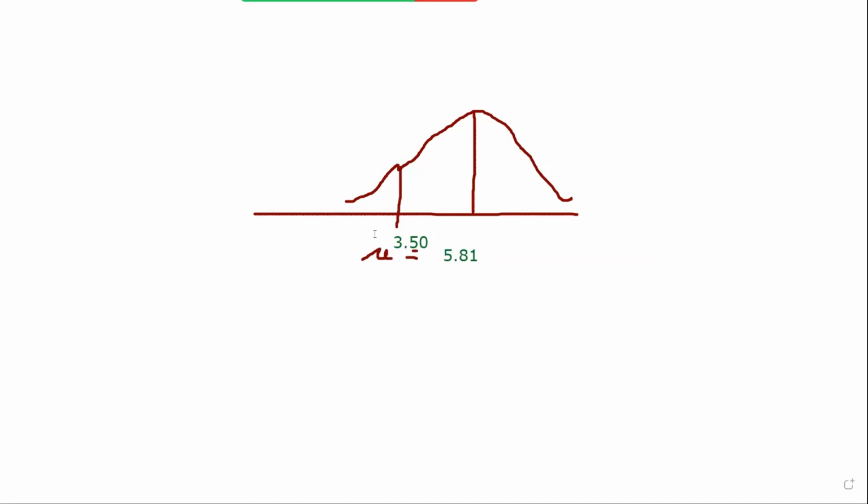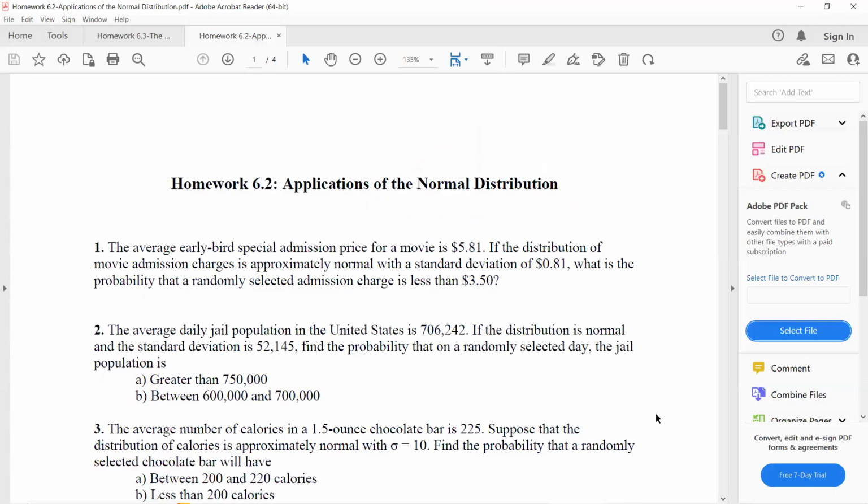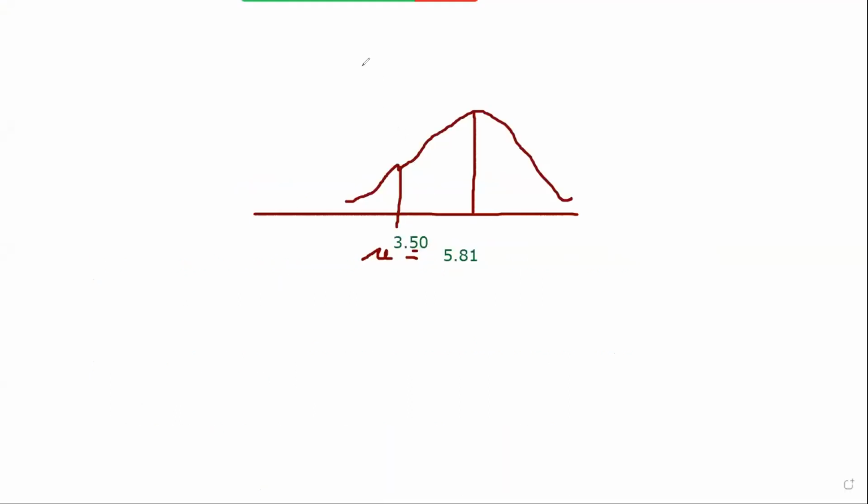Now, I want to know what the probability is that it's less than that. So this is where your calculator comes in, but we need your z-score first, okay? So what we're going to do is, after we can visualize this, once we can visualize, then we draw. So we draw this out.